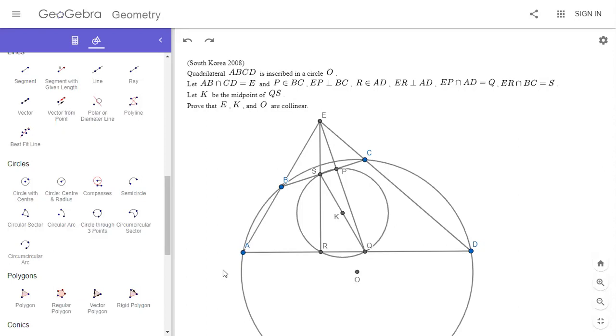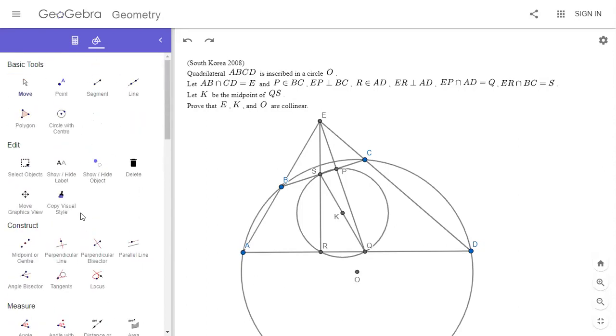So K lies on the perpendicular bisector of PS. Yeah. Maybe we could use a homothety.